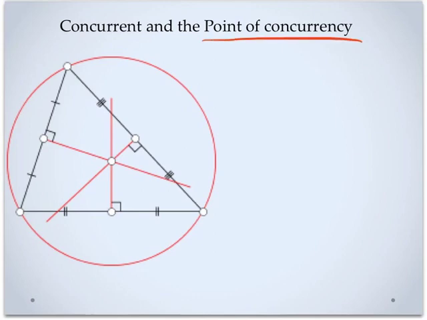The interesting thing about this point is that if you take your compass and place it directly in the center and match it up with one of these vertices, and then draw a circle around it, that circle will actually go through each of the vertices of the outside triangle. So this point represents the direct center of a triangle. This point of concurrency has another name, and we call it the circumcenter.